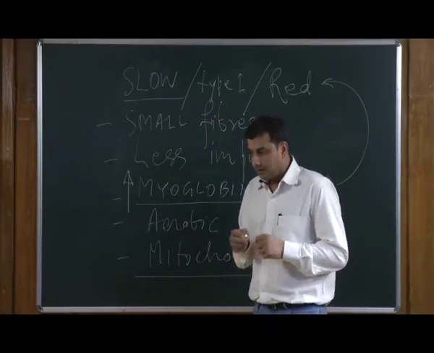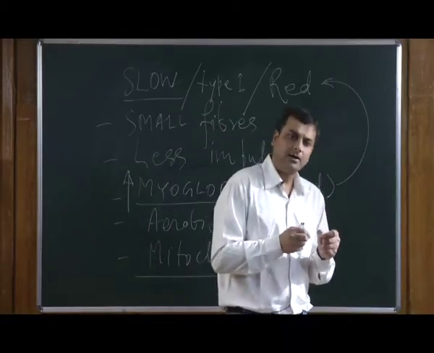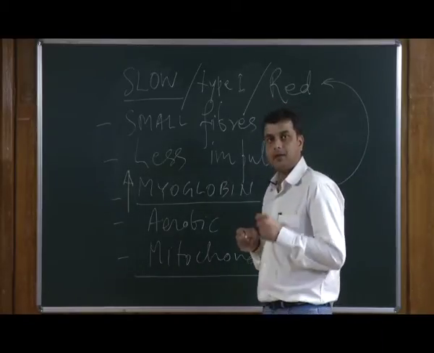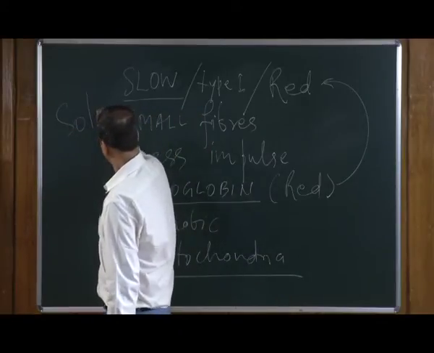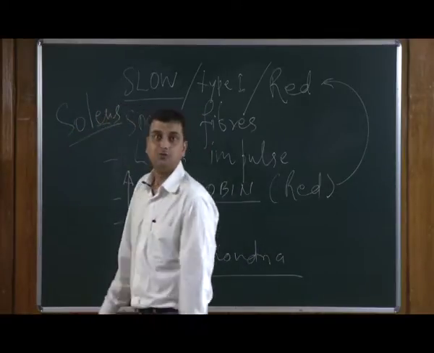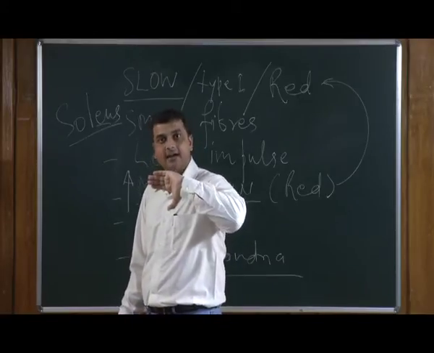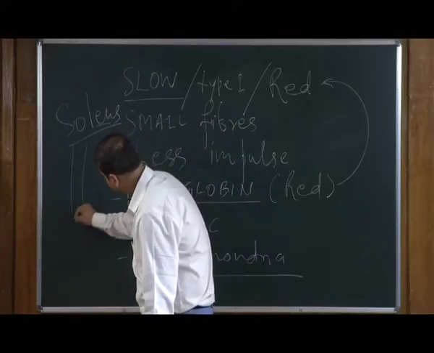Now, if we try to dig out an example, what are the slow muscles available in the body? A very obvious example is the soleus muscle. The soleus muscle is located in the back side of the lower limb. Suppose this is the lower side of the limb.